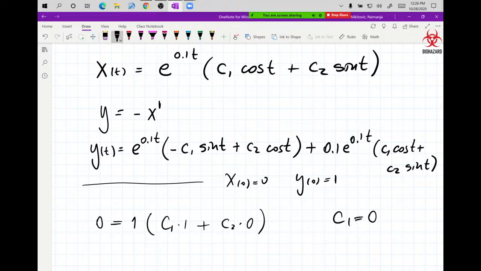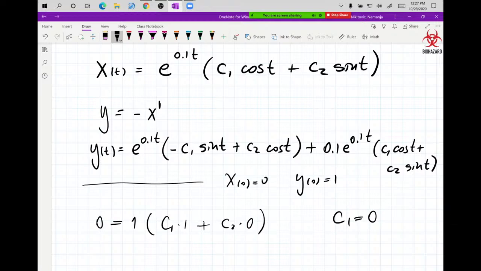Did you, when you took x prime, did you distribute the negative all the way through? Because y is equal to negative x prime? I did not. Well, thank you. We can fix that either by changing the negatives in front or changing negatives inside.